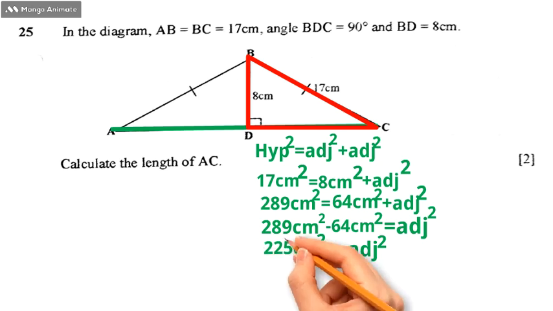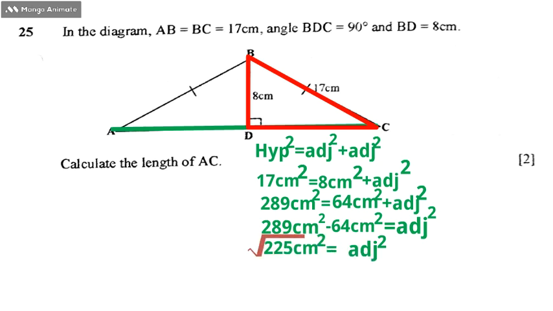Now, the next thing I'm going to do is find the square root of 225 and the square root of adjacent squared. The square root of 225 is 15 centimeters and the square root of adjacent squared is adjacent. That means the side DC is equal to 15 centimeters.